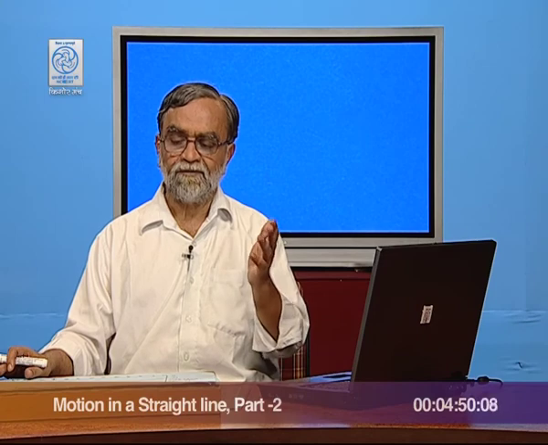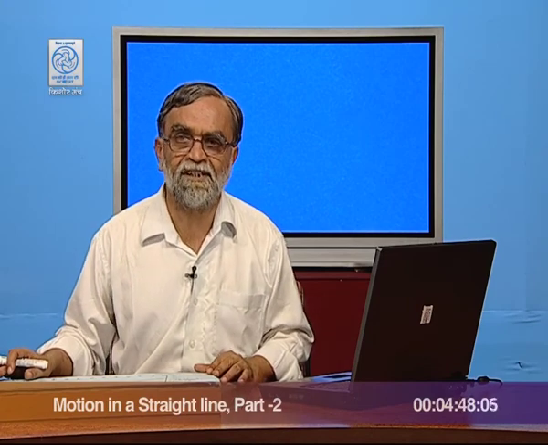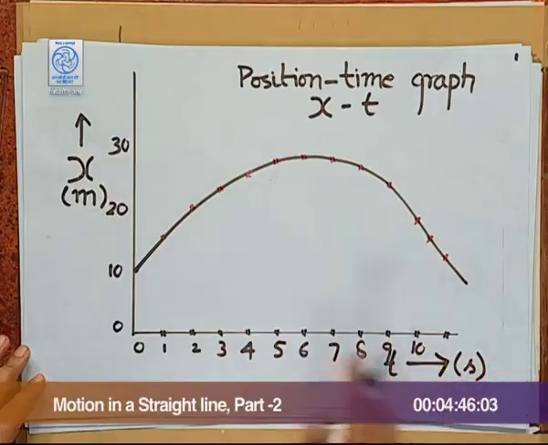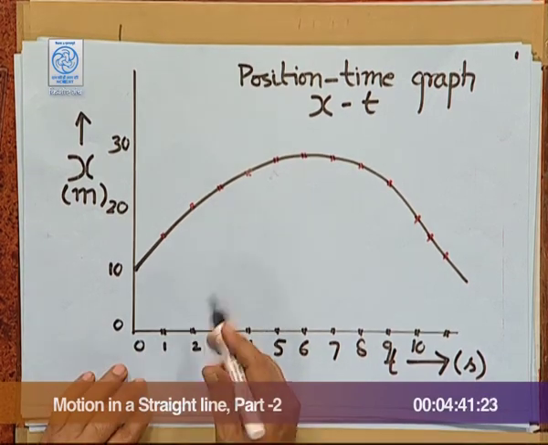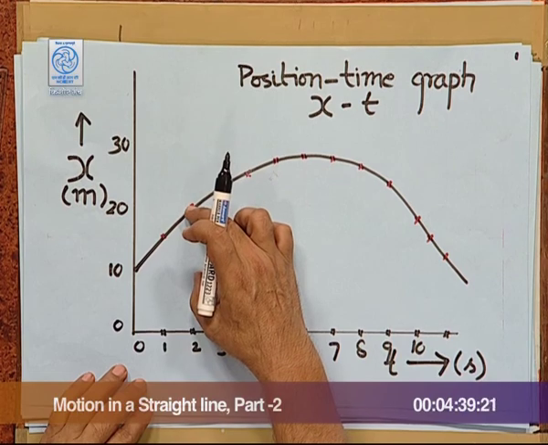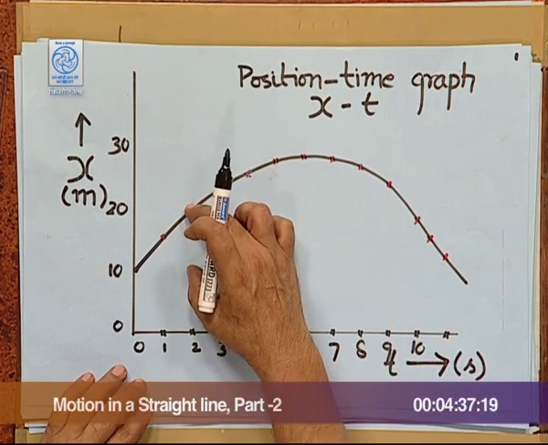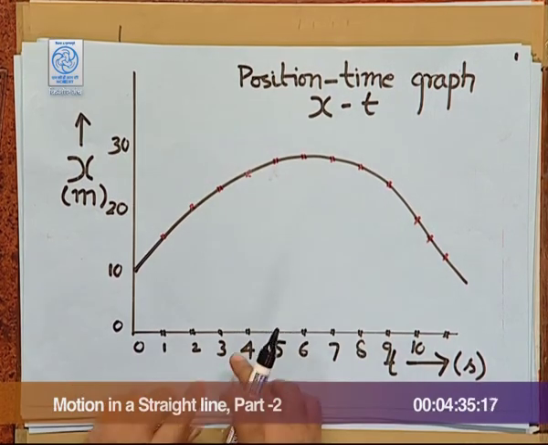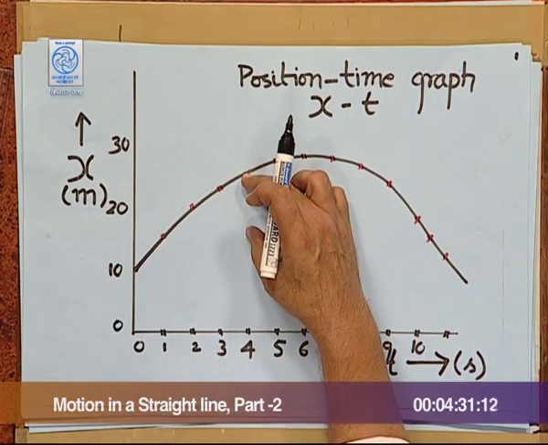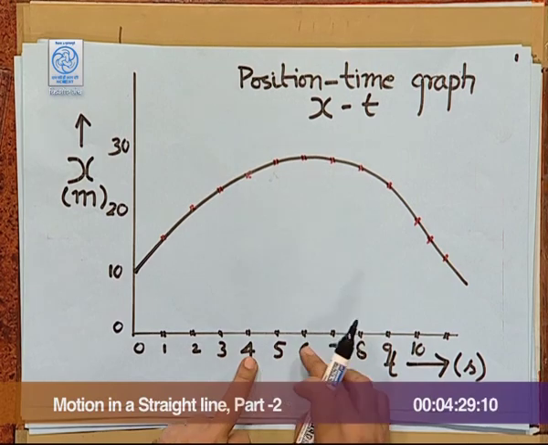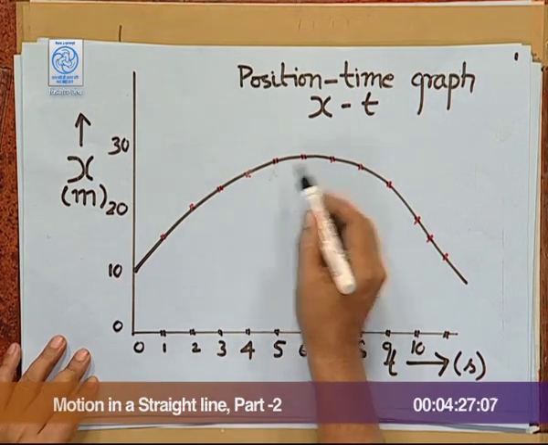Let us refer to this position-time graph. Let us have a relook at it again. Now, in the interval 0 to 2 seconds, the displacement happens to be 10 meters. In the interval 2 to 4 seconds, it is becoming smaller. In the interval between 4 and 6 seconds, it is still getting smaller.